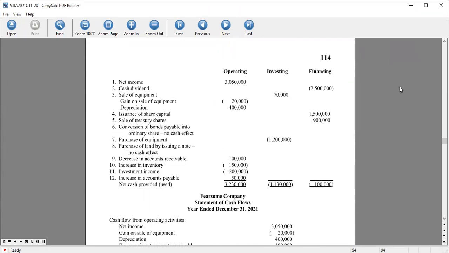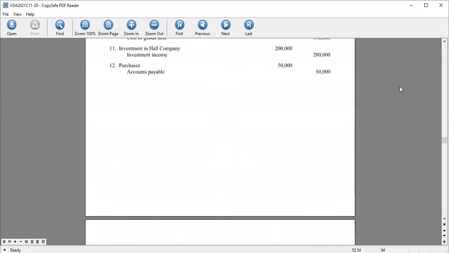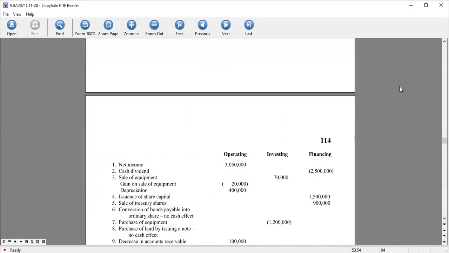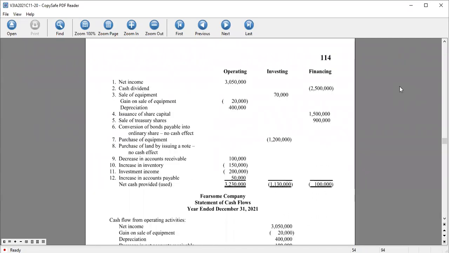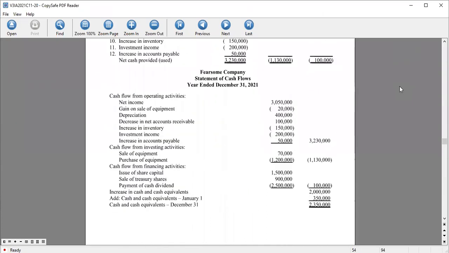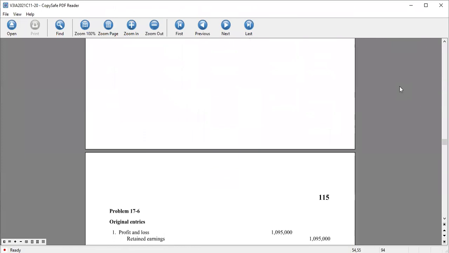And finally, we are now going to prepare the statement of cash flows. For the statement of cash flows, we have the operating, investing, and financing activities. Now we have the analysis before we finally go to the statement proper.